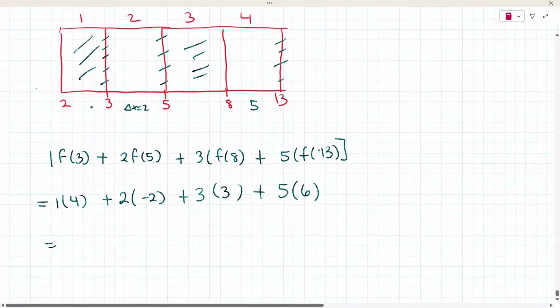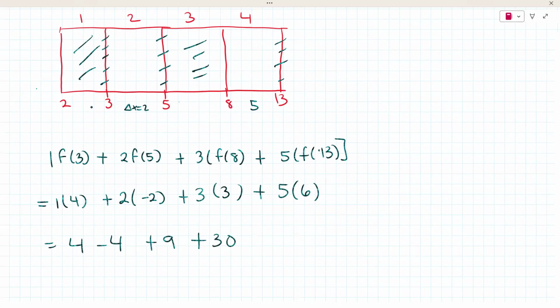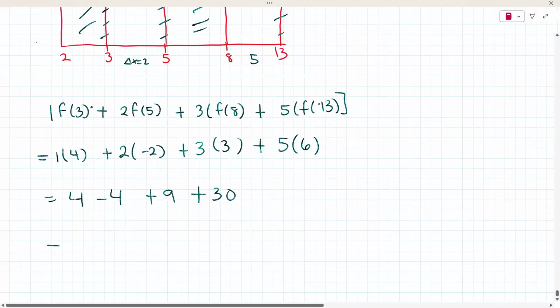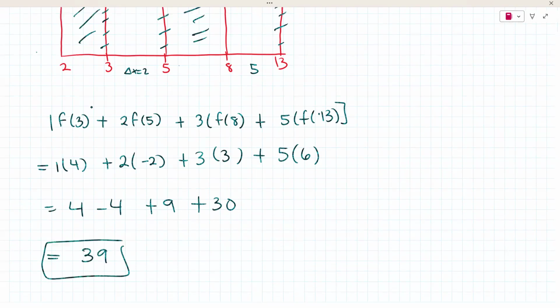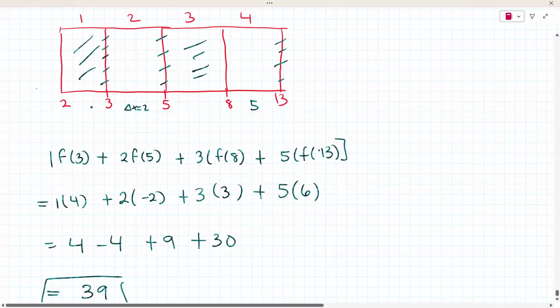And you get 4, -4, 9, and 30, and it spits out 39. Okay, that is the end of Riemann sum. So it's broken into 3 parts. I'll stop here.